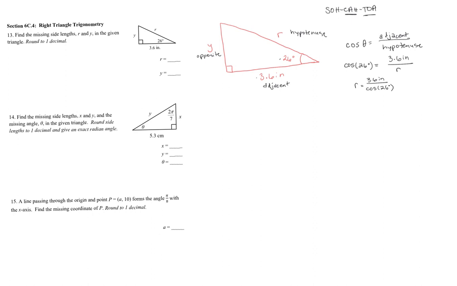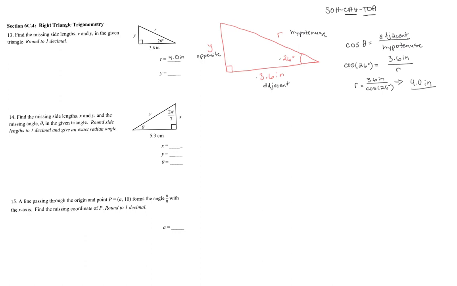This results in R being about 4.0 inches, because we have to round to 1 decimal. Now I will say, make sure that when you're doing your calculations, you don't round until the very last step, because if you round early on, your calculator might miss some significant figures and you might round to the wrong thing at the very end.